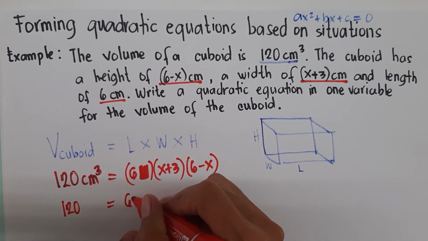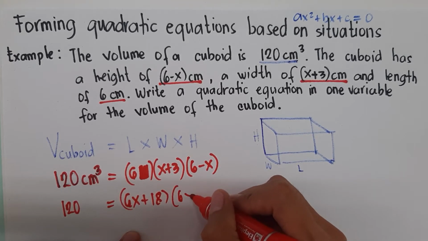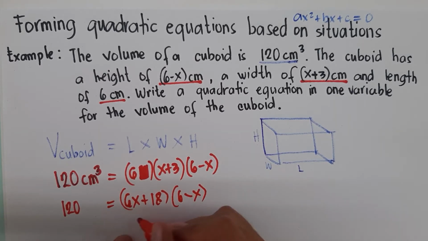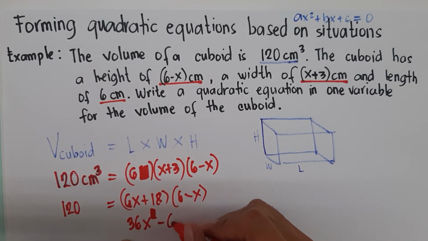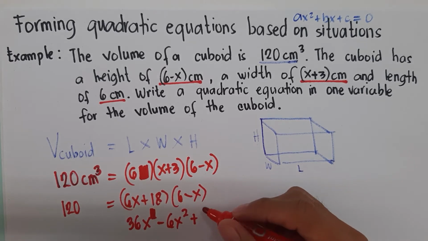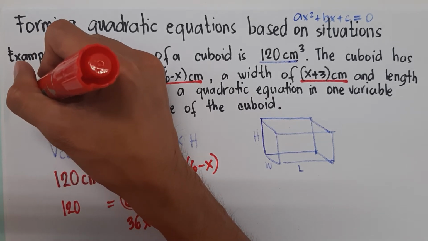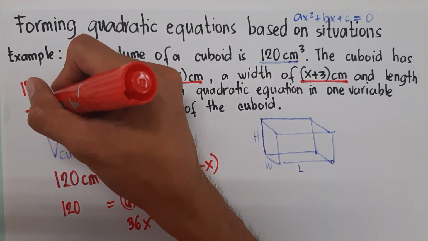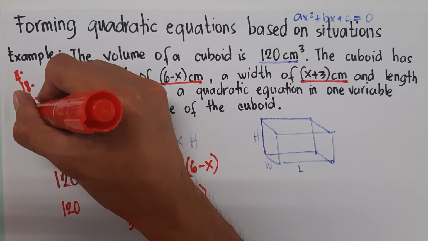6 times x is 6x plus 18, multiplied with 6 minus x. So 6x times 6 is 36x, minus 6x squared, plus 18 times 6. 6 times 18 is 108, okay?